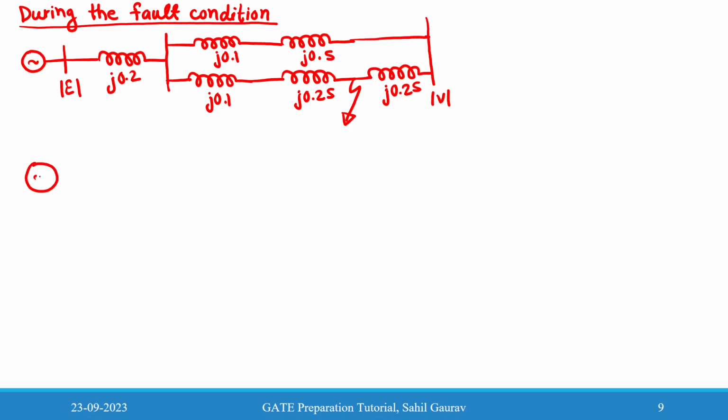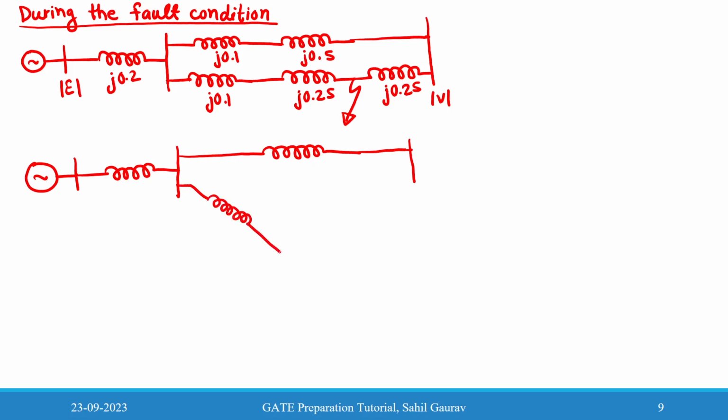If you redraw it, take the upper one whole like j0.6, and the fault occurring here we take to the ground. And this is B.